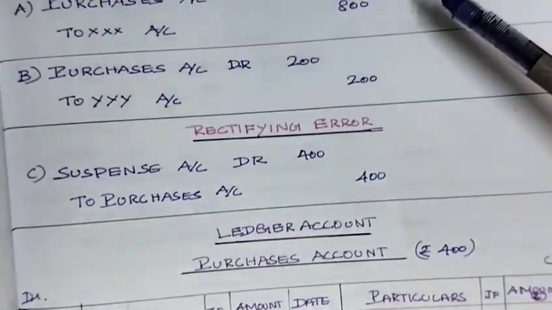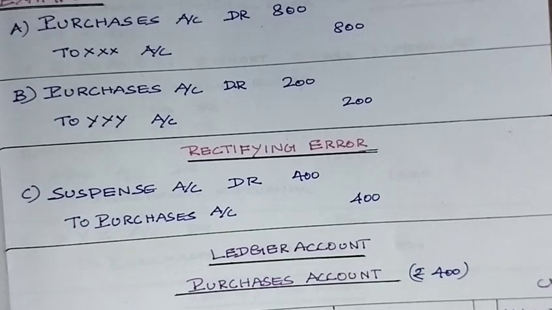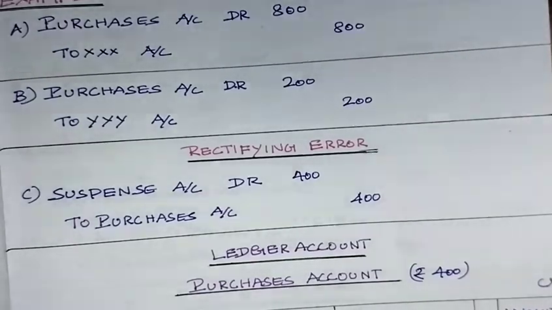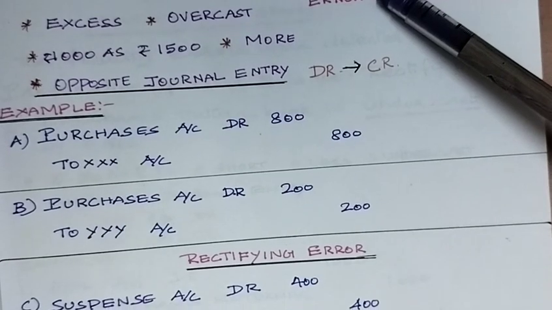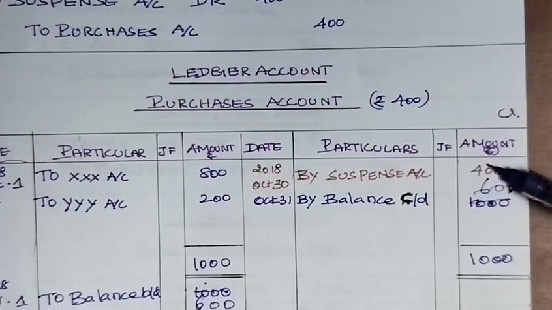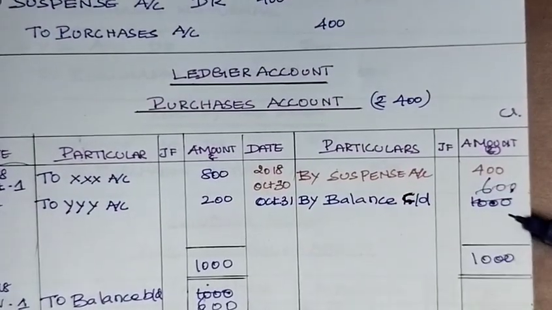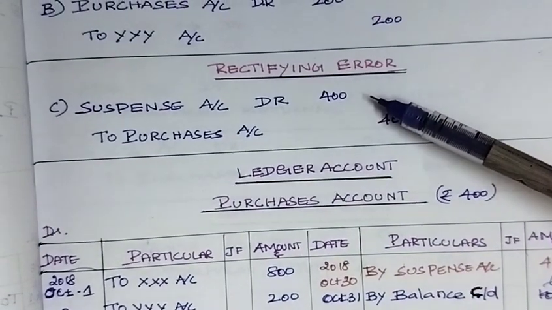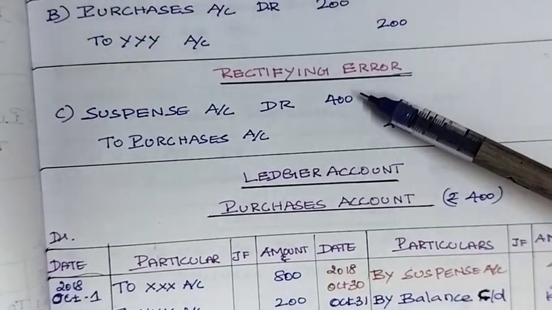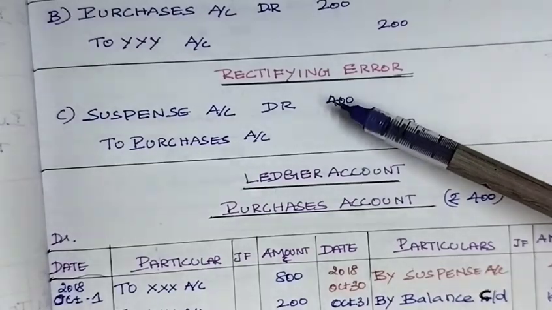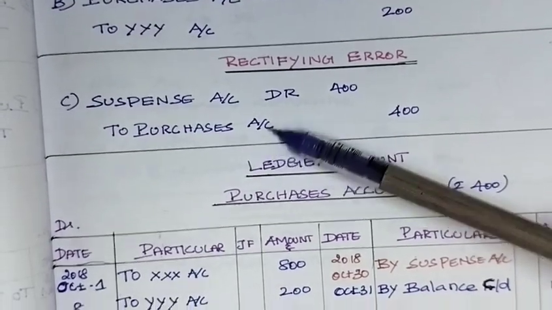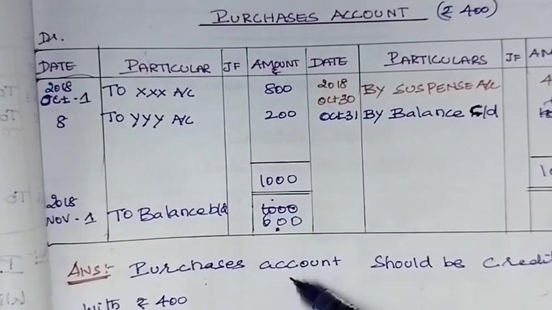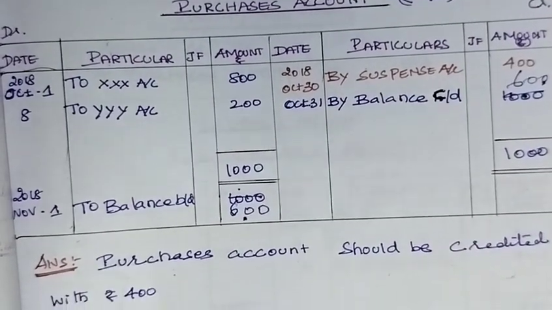When 400 rupees increased, so over cost, we subtracted that 400 rupees, and we get 600 rupees. So we rectified this error using the opposite journal entry. So purchases account should be credited. This is the answer. Purchases account should be credited with 400 rupees.